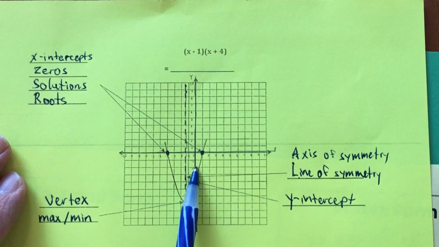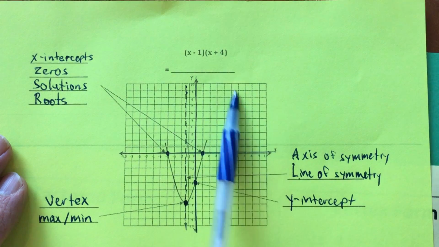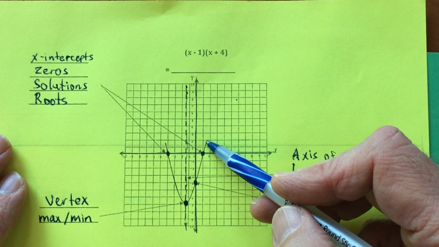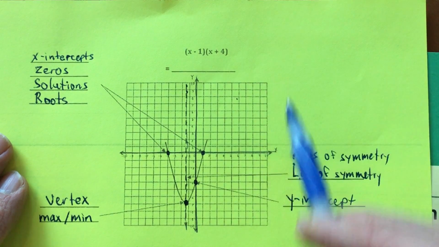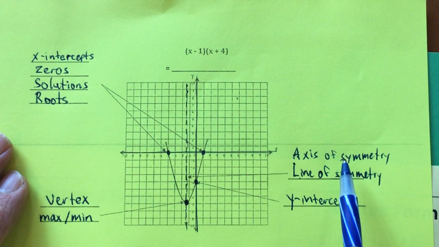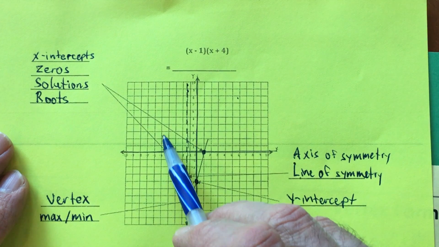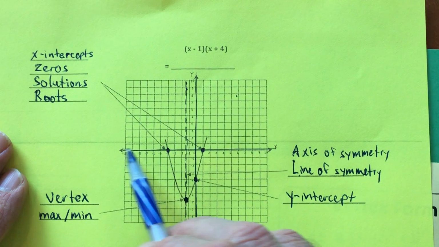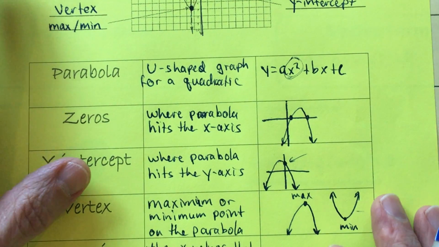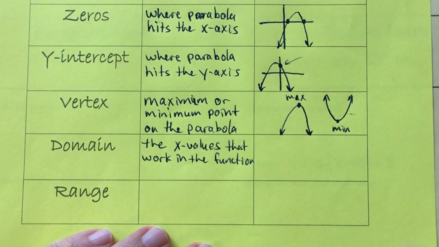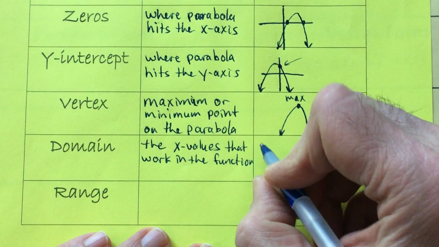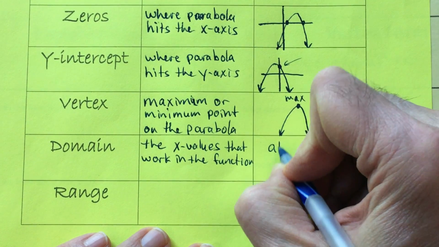So if you look up here at the original, how far right does this go? It does not stop here. It keeps going up, up, up, up, up. It goes up forever, but it also goes to the right forever. And it goes up forever on this side too, which means it goes to the left forever. So the domain for any quadratic function should be all real numbers.